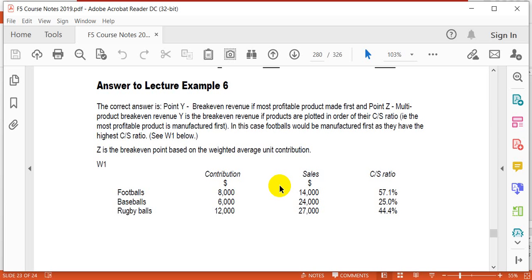So basically, when you're plotting a multi-product break-even chart, you want to start with the product which gives you the highest CS ratio. So if you see the CS ratio for the footballs is 57.1, followed by the baseballs, then lastly the rugby. So you want to plot them in that order.